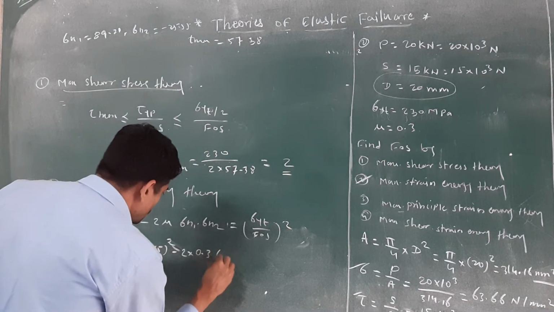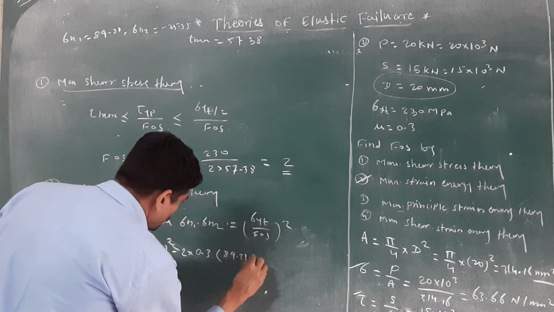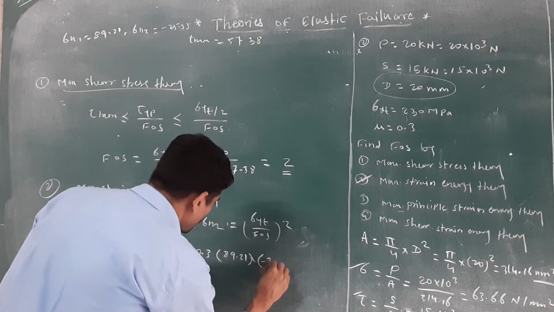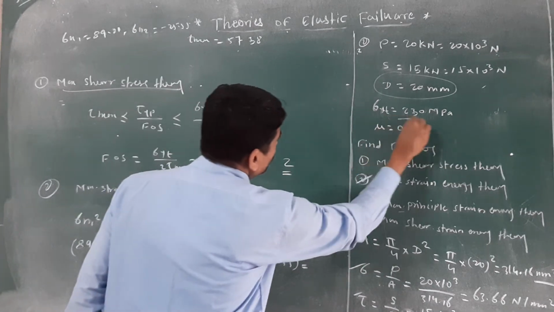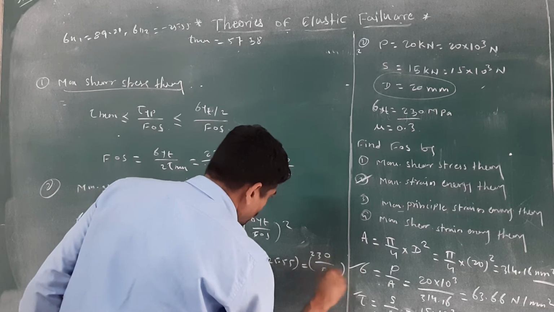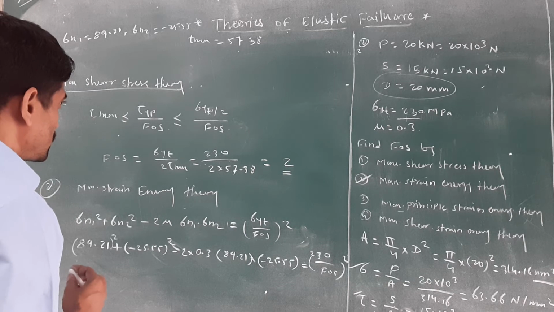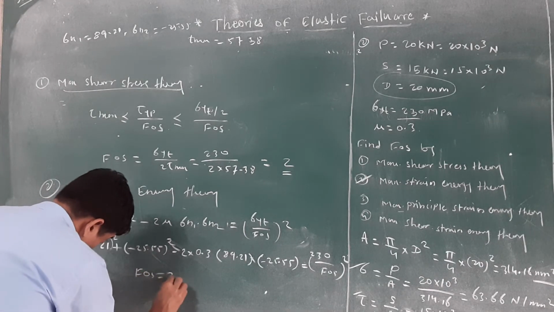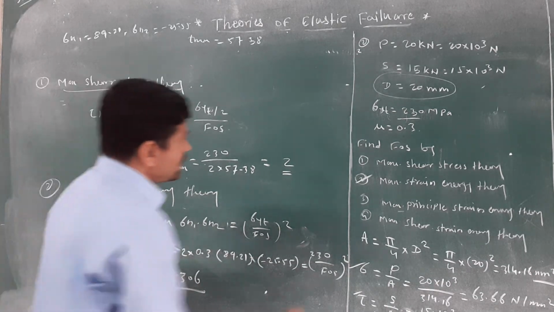Again, what is the sigma N1? 89.21 into, in bracket, minus 25.55, is equal to, what is the sigma yt? 230 divided by factor of safety square. If you have put all these values in that equation, then you will get the factor of safety equal to 2.306. Okay, this is your second answer.